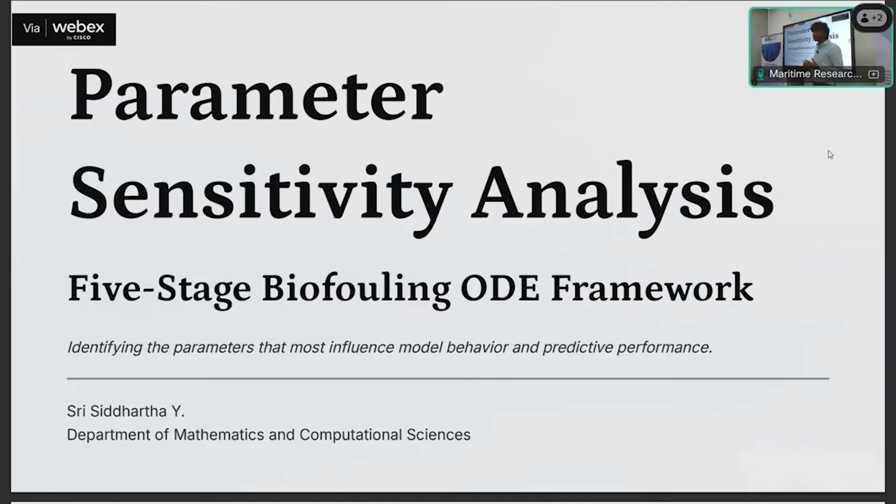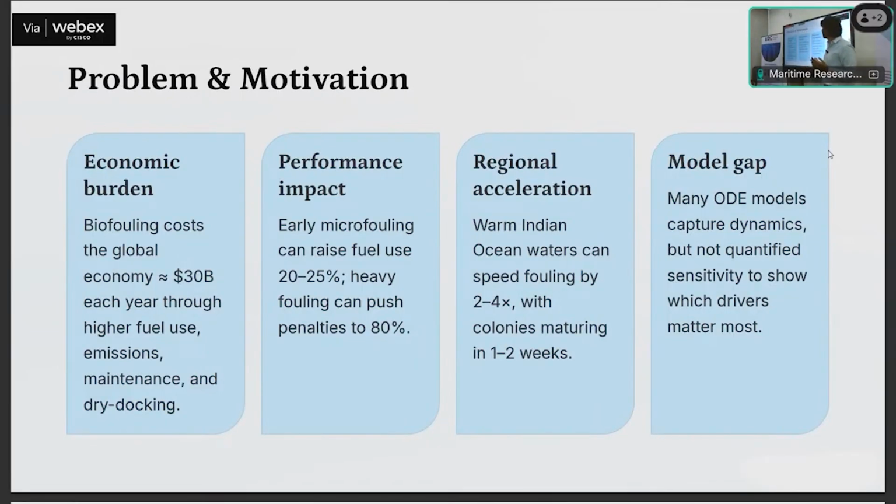My project is to do parameter sensitivity analysis, trying to understand which factors are important to the growth of these organisms and why they affect it, and which factors affect which stages of the biofouling as well. So why do we need to study this, right?